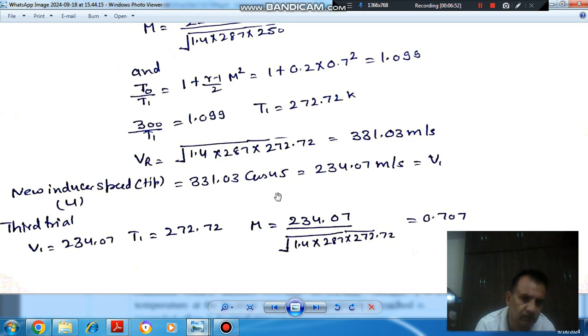The inducer tip speed is 234.07 meters per second. That is the answer.